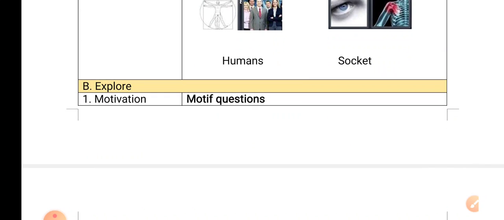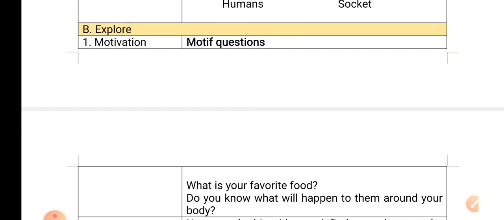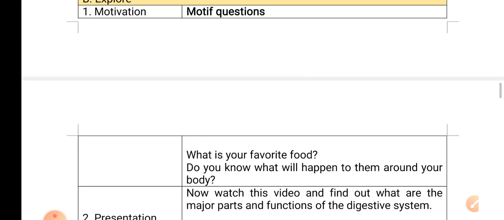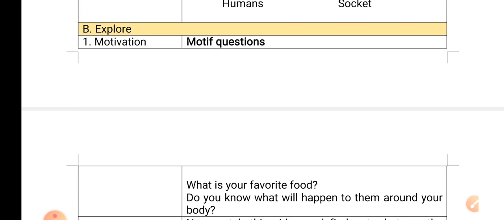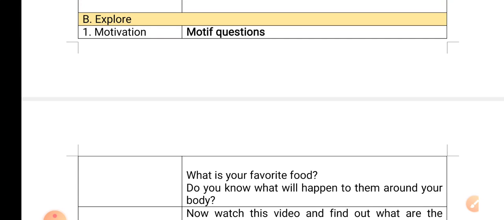And of course, for letter B, explore. We now have what we call motivation. So, motive questions. Your motivation depends on you because you may have an activity or motive questions, but I prefer more if you will have an activity.